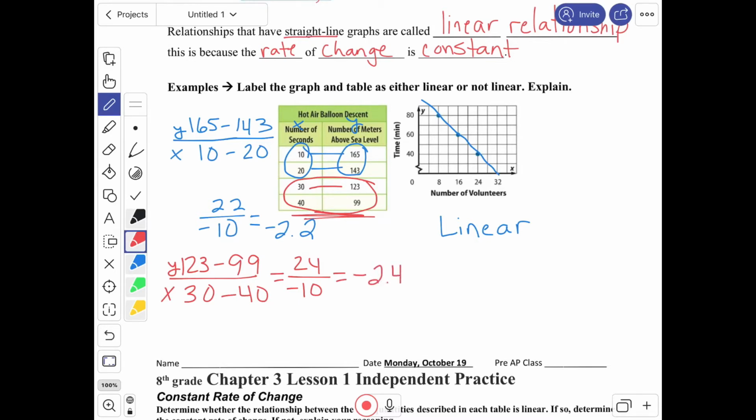And if I divide 24 by negative 10, I get negative 2.4. And those are not the same number, so it is not linear because it is not constant. It has to be the same number each time.